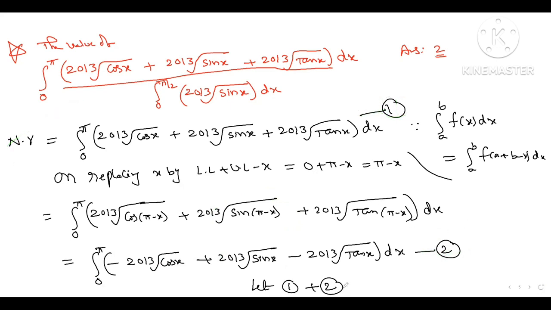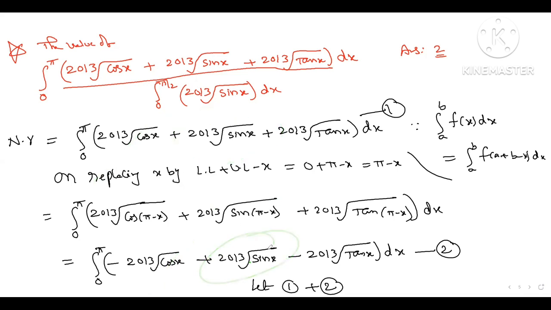Let us add the first and second equations. Let us observe here. After adding, the 2013th root of tan x cancelled. Here also the 2013th root of cos x cancelled. Plus or minus, here this value doubles.